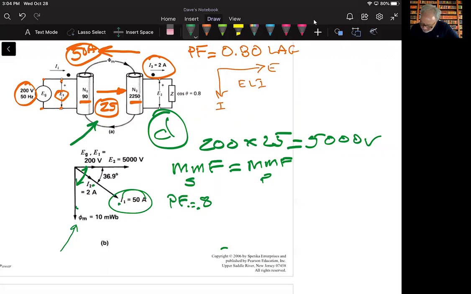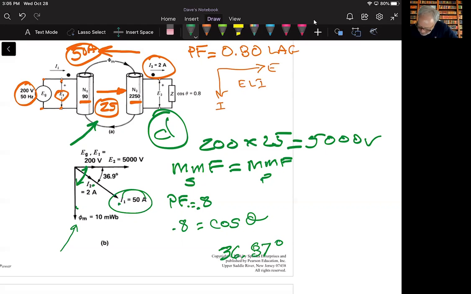But if I have 0.8, that's equal to the cosine of the angle between the voltage and the current. Okay, so that goes back to an old relationship. And if I go to my calculator and I put in second inverse cosine 0.8, and I have this set up to display angle, I end up with 36.86.